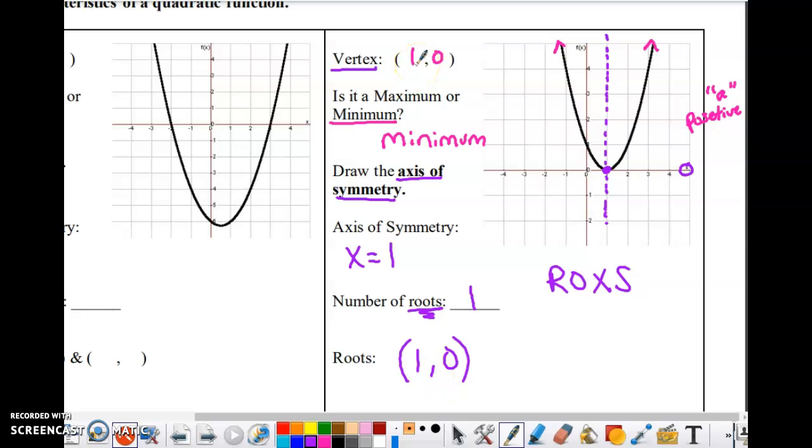So here's a cool thing for you to know. When the vertex is the same thing as the root, when the vertex is on the x-axis, that means it's only going to have one solution, one root, one x-intercept, and (1, 0). Okay, let's do the next one.